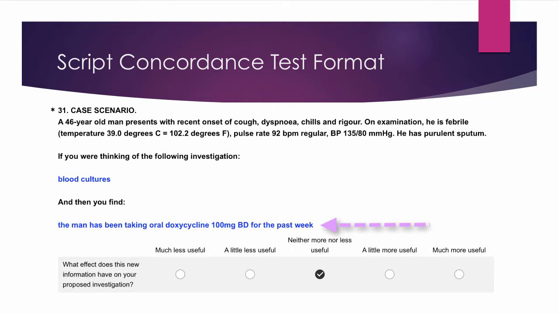The data are incomplete, reflecting typical clinical practice. You are asked to consider the effect of the new information by selecting your preferred response from the range of Likert options shown.